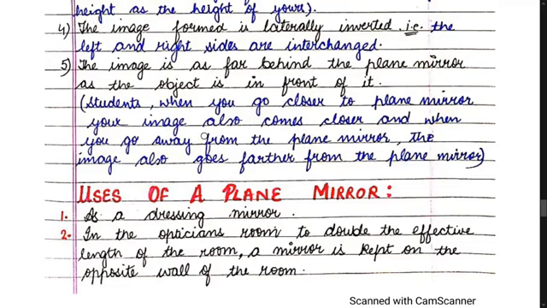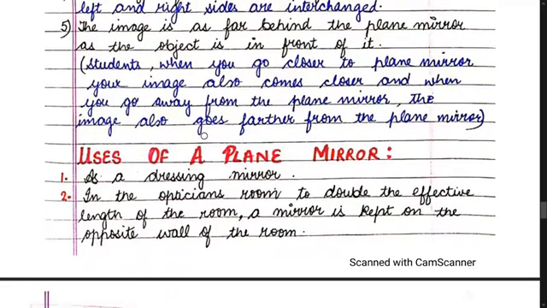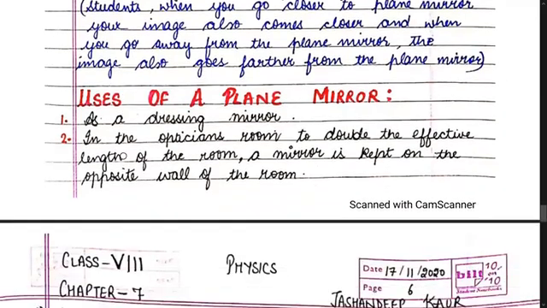Students, when you go closer to the plane mirror, your image also comes closer. And when you go away from the plane mirror, the image also goes farther away from the plane mirror.